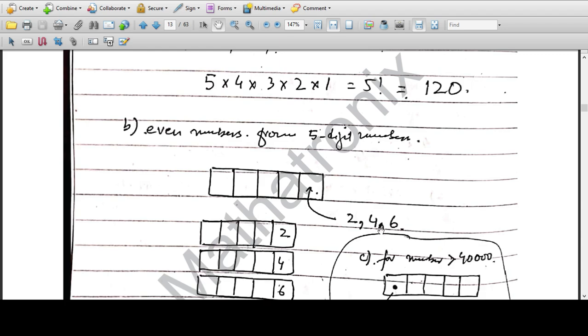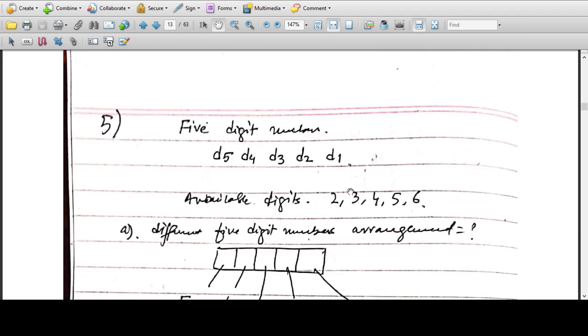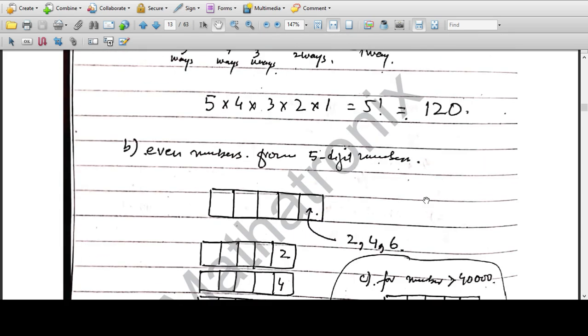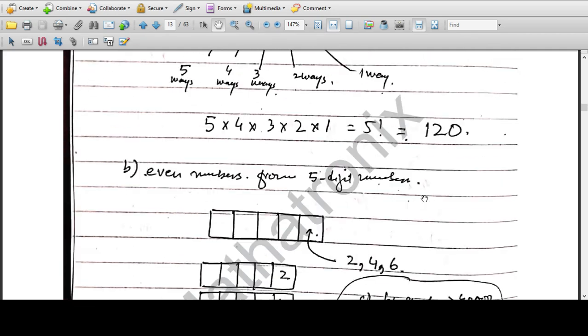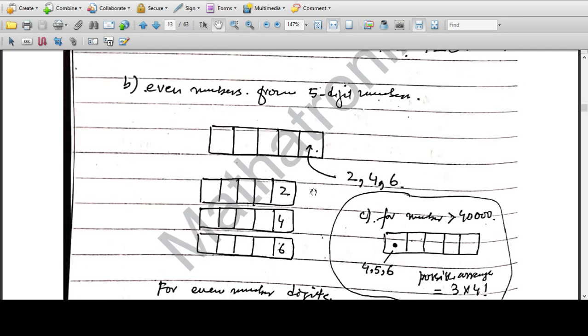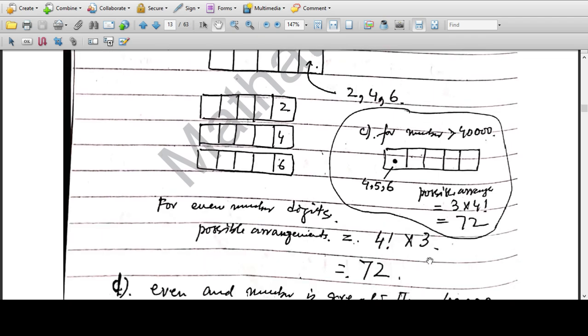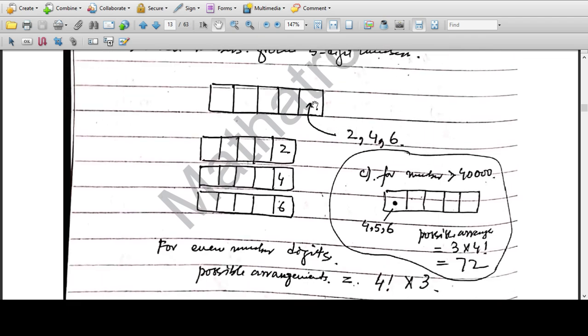For even numbers we have to place 2, 4, 6. 2, 4, 6 should be placed here, either 2, 4 or 6. If we place 2 here, then the remaining have a possibility of 4 factorial. So the possible arrangements are, here we have three ways, 2, 4 or 6.